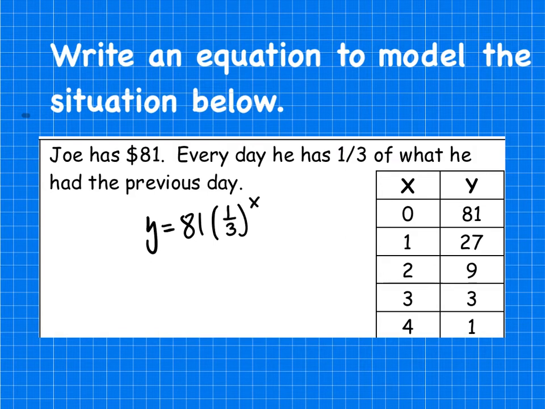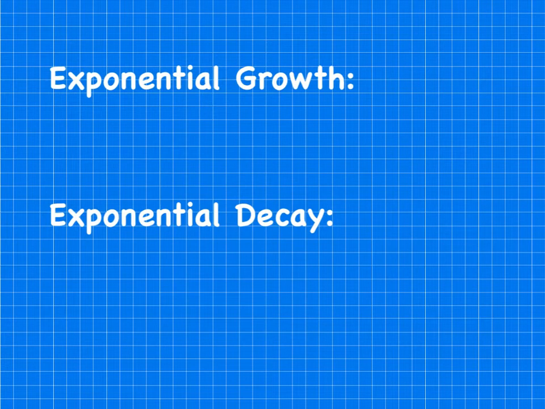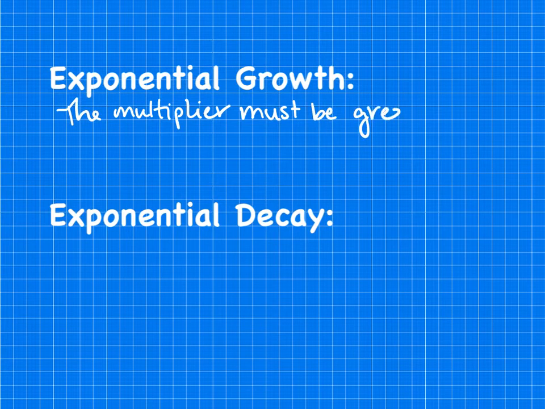And these two situations are good illustrations of the difference between exponential growth and exponential decay. To decay, that number needs to be between 0 and 1. So I would put this down in your notes. For exponential growth, the multiplier must be greater than 1.